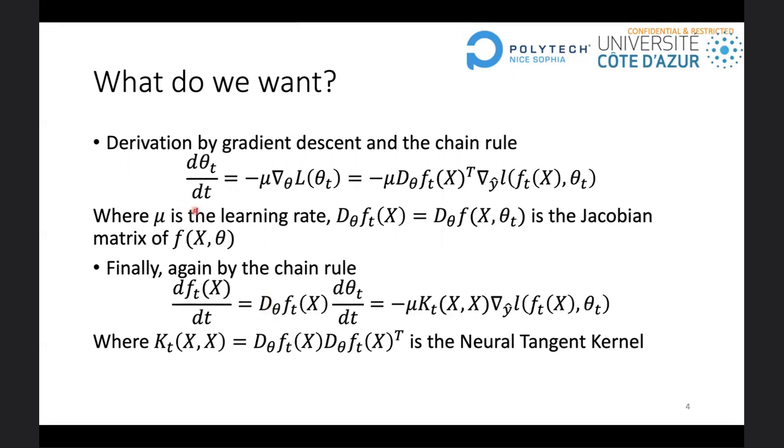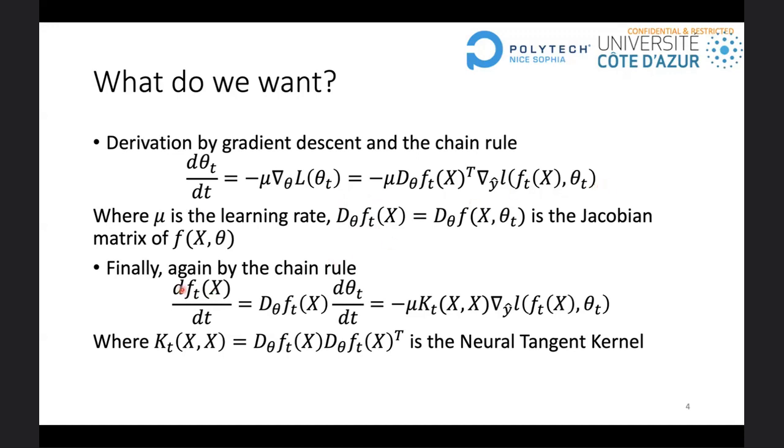And through the gradient descent and the chain rule, we get this derivation about theta t. Mu here is the learning rate of the gradient descent, and the gradient term here is just the same as the previous slide. What's more, we will apply the Jacobian matrix, noted d theta f_t(x), to expand the gradient term as here.